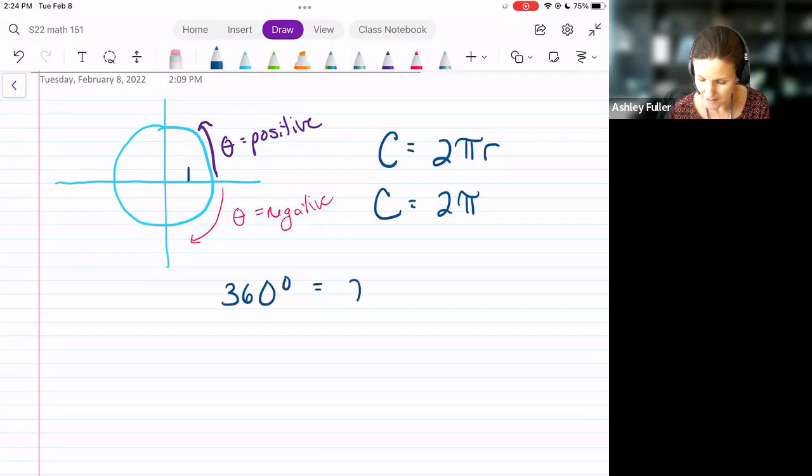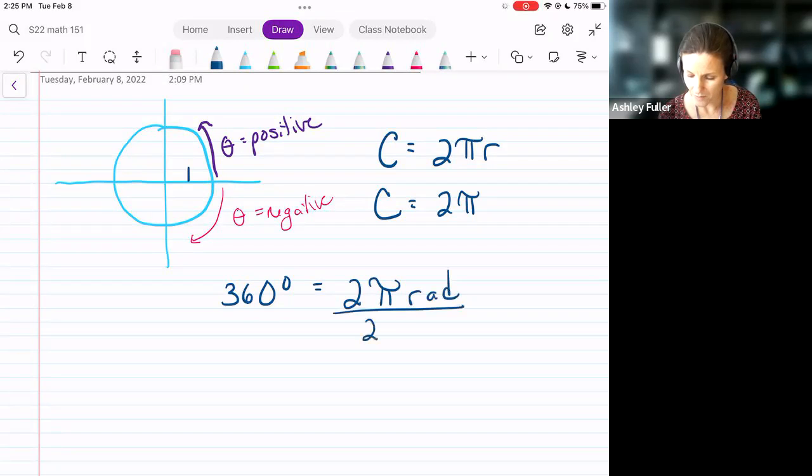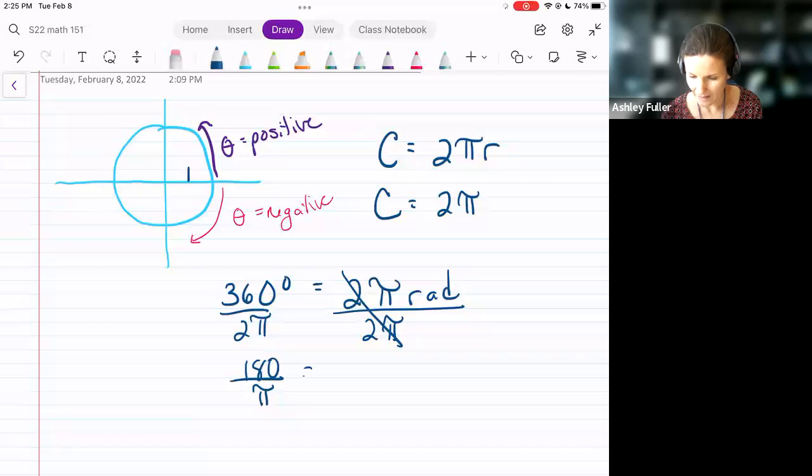So this allows us to then say that the relationship between circumference, 2 pi for the unit circle, and the degree of 360, we can then determine that if we divide both sides by 2 pi, 180 over pi is equal to 1 radian.